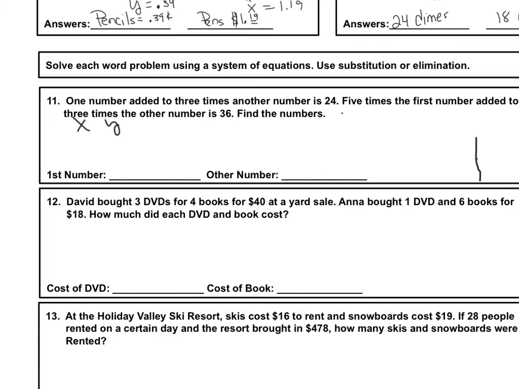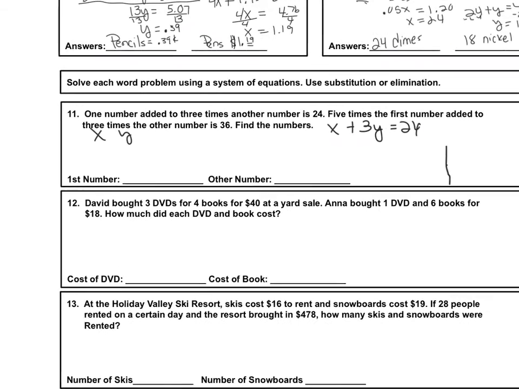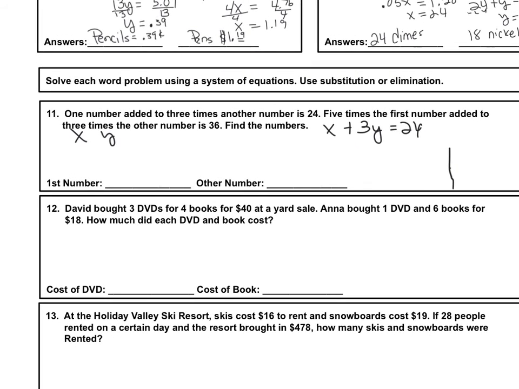So one number, x, added to 3 times another, so 3y, is 24. And then the second equation is 5 times the first number, so 5x, added to 3 times the other is 36.